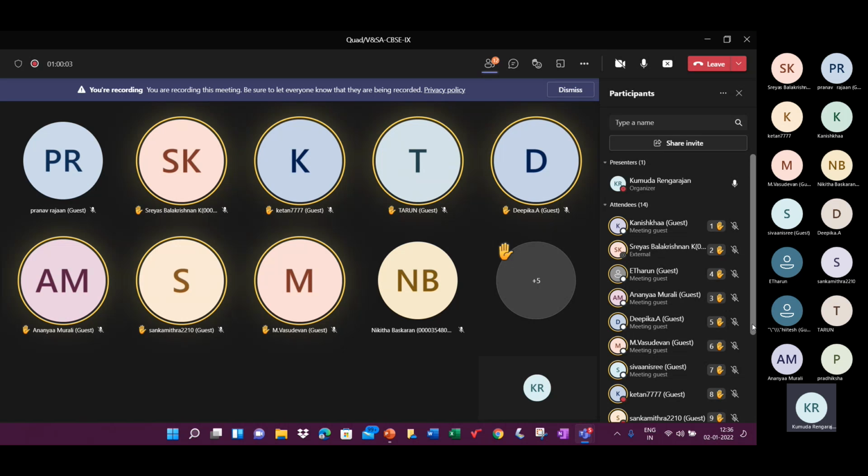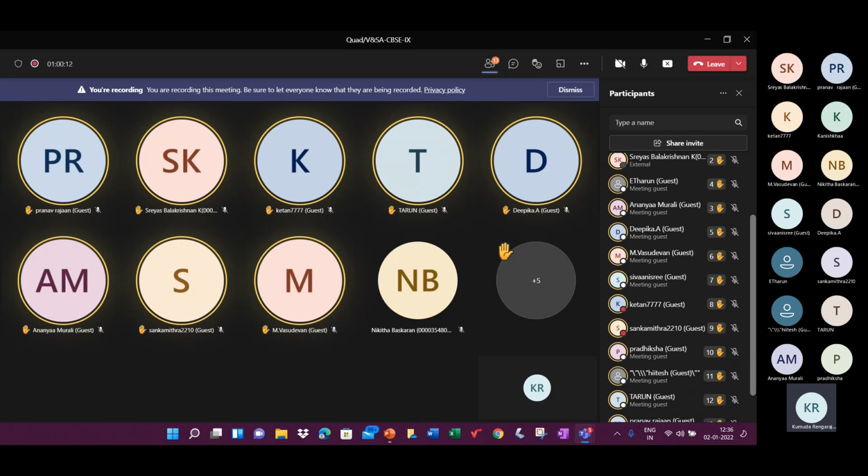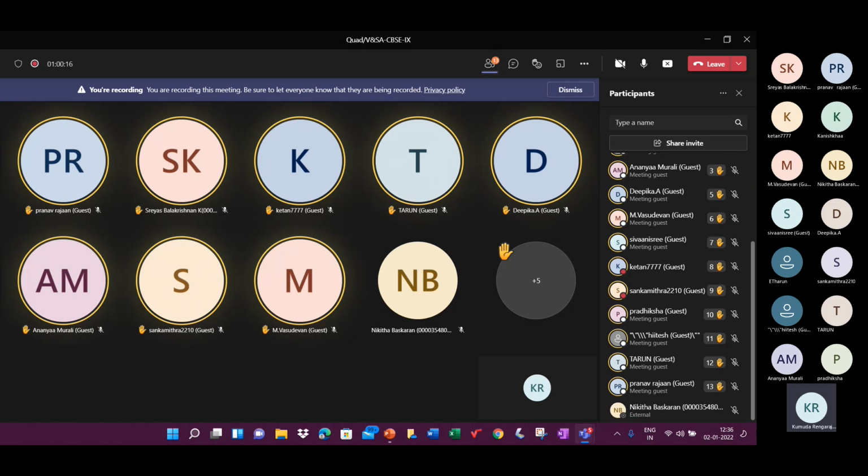Okay, so Kanishka, Shreyas, Tarun, Ananya, Deepika, Vasudevan, Shivani Shri, Arav, Sangamitra, Pratiksha, Hitesh, Tarun, Pranav, Nikita.